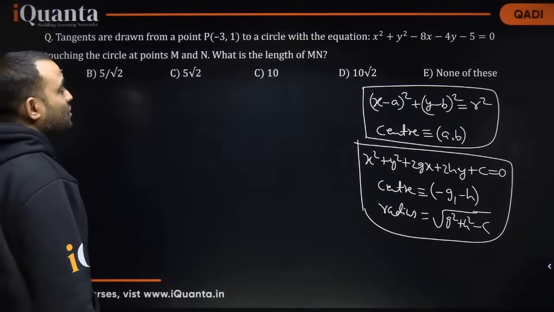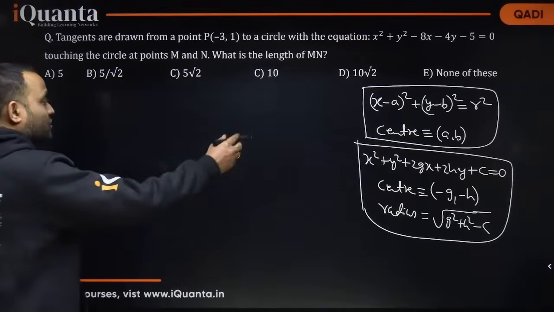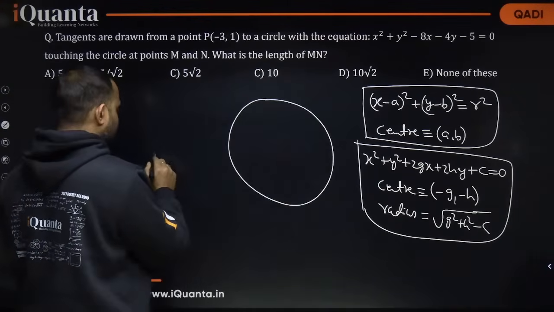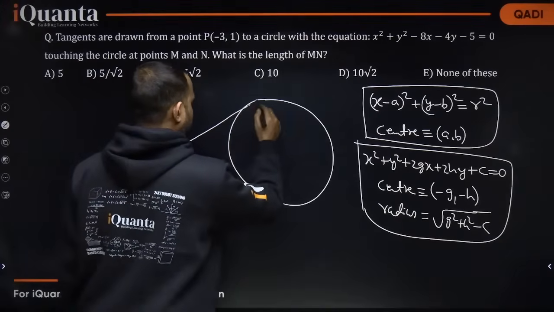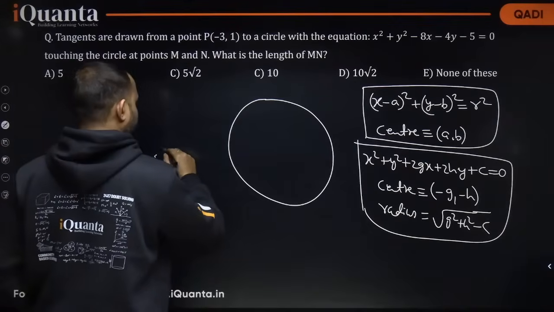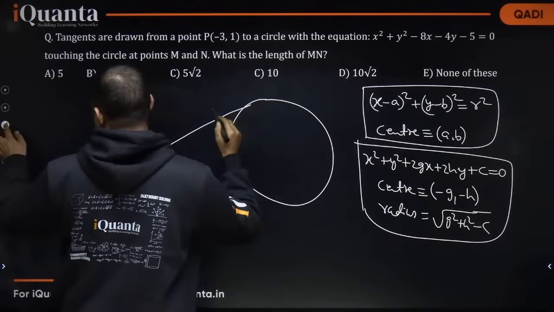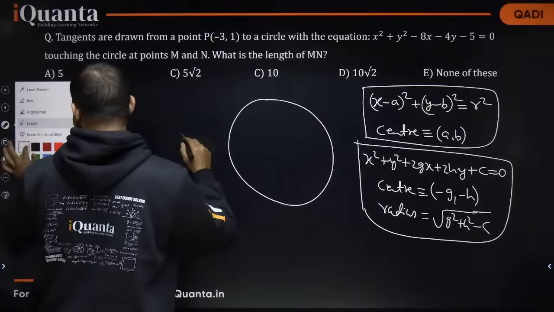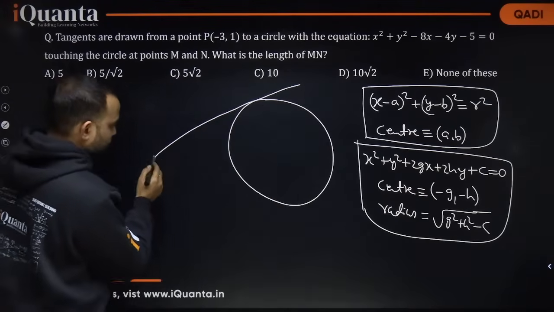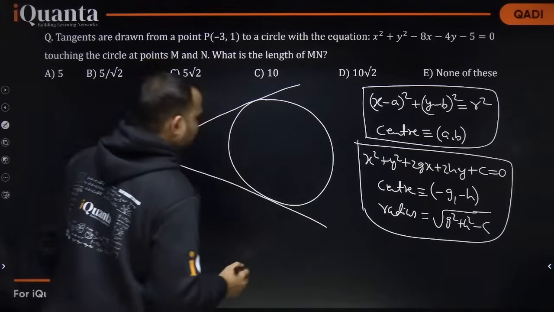Okay, so what do we know? This is a circle, this is the tangents. Like this.